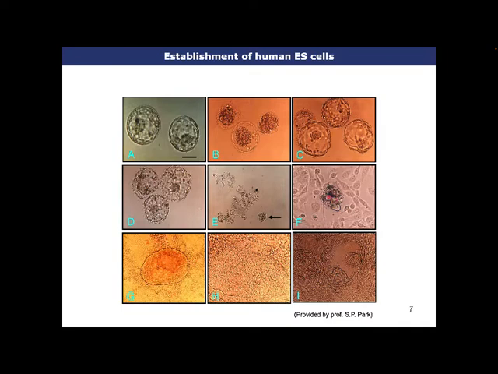And this aggregate of cells eventually forms colonies, which consist of thousands of cells. And inside of this colony, these individual cells have pluripotency, which can be tested in diverse ways.